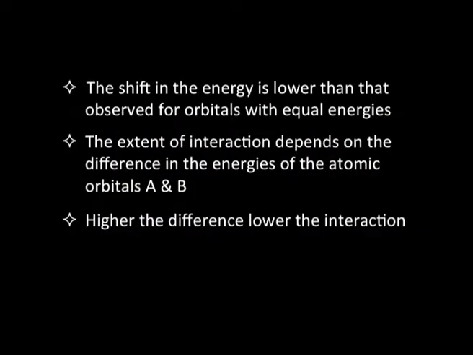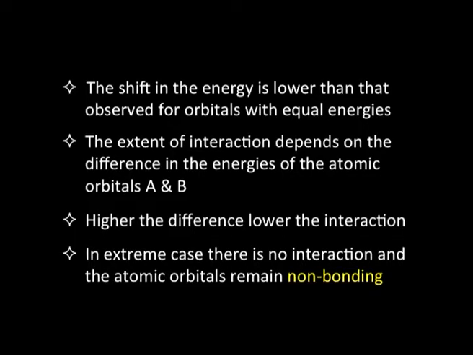If it becomes too large, there is no interaction at all, and these two atomic orbitals will not interact, and they will stay as non-bonding atomic orbitals. They will neither form a bonding nor an anti-bonding molecular orbital. That's a new feature here, because we didn't have it in homonuclear diatomic molecules.